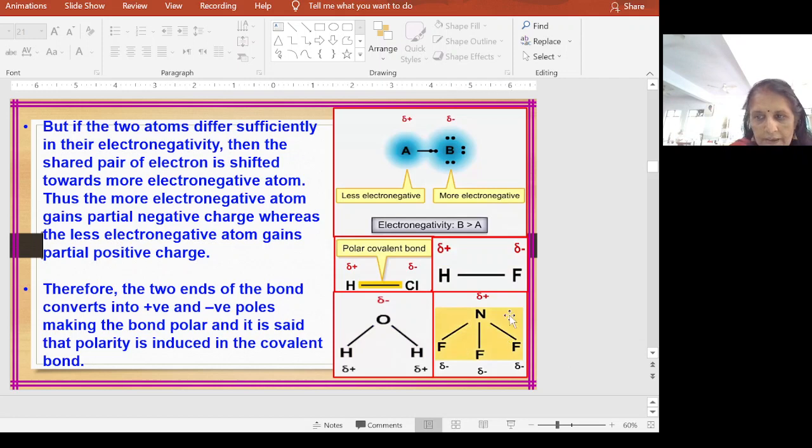Similar is the case of NF3, nitrogen trifluoride, where you can see that all the fluorines have delta negative and nitrogen will develop delta positive. Though nitrogen is a non-metal, it will also have some electronegativity, but fluorine is more electronegative than nitrogen. So here the polarity in the molecule depends upon the electronegativity. If the electronegativity of B is greater than A, then that polarity will be developed. And this we call polarity in covalent bond.